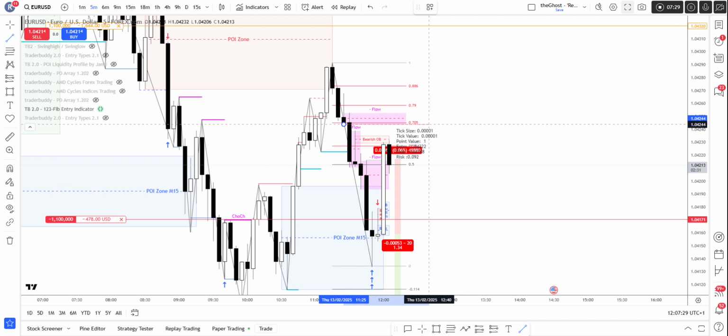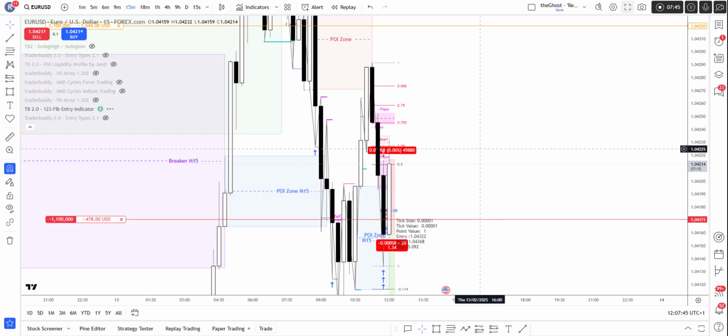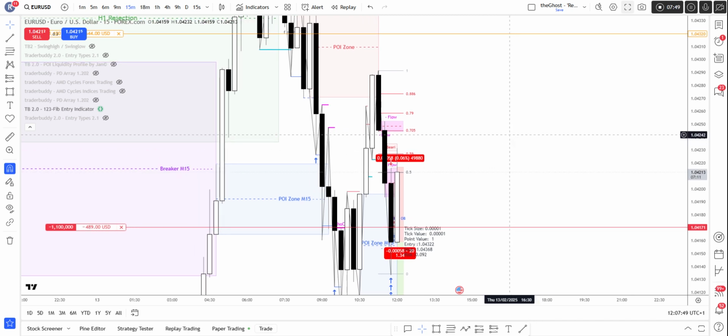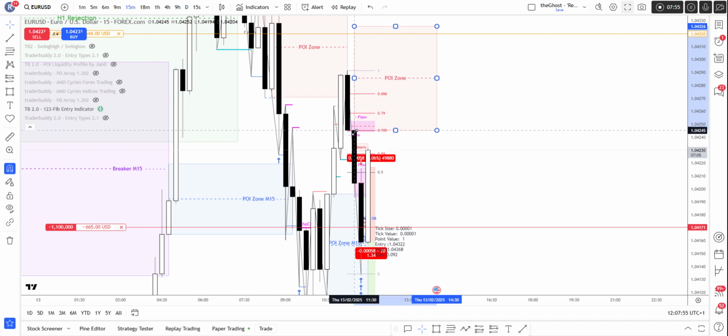This one has been, okay, yeah, that was the open order flow. Okay, so that is a possibility. This down here is the 5 minutes. So what does the 15 minute show? 15 minutes shows also the open order flow, because here we have our 15-minute POI zone.